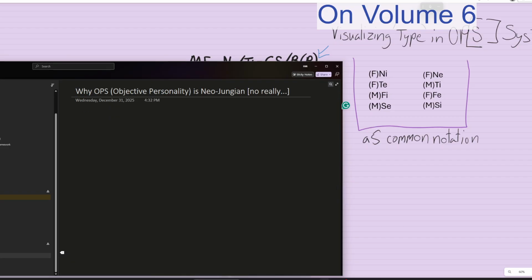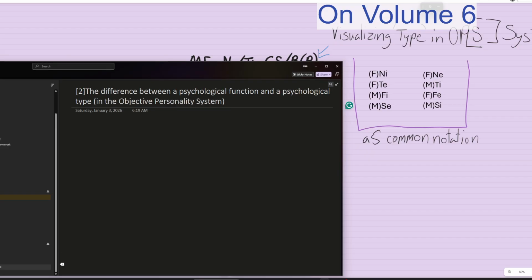Why objective personality is neo-Jungian? The difference between formal notation and common notation in the objective personality framework. The difference between a psychological function and a psychological type in the objective personality system.